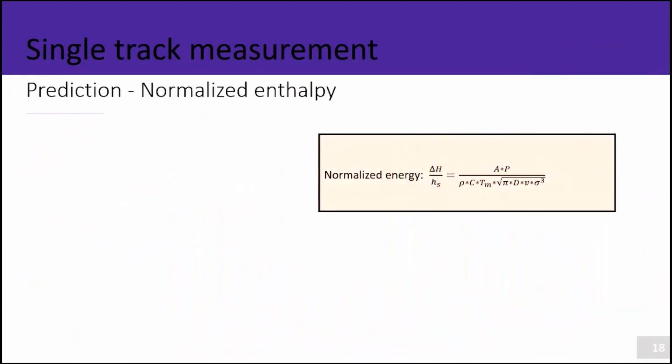To finish, I will talk about a little prediction about the form of the melt pool by utilizing the normalized enthalpy, which is just a link between the energy absorbed by the powder material and the energy diffused inside the material, which is melting the powder.